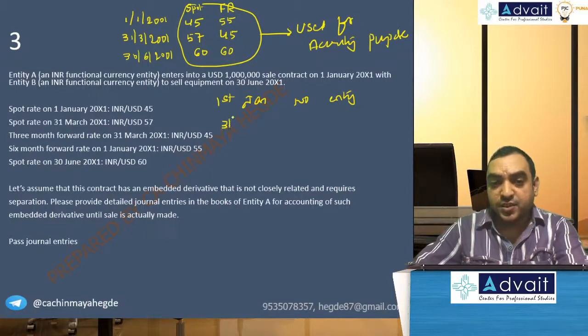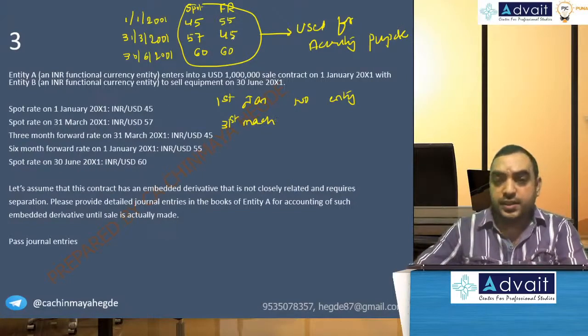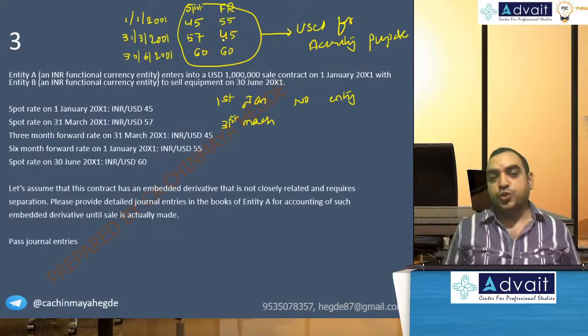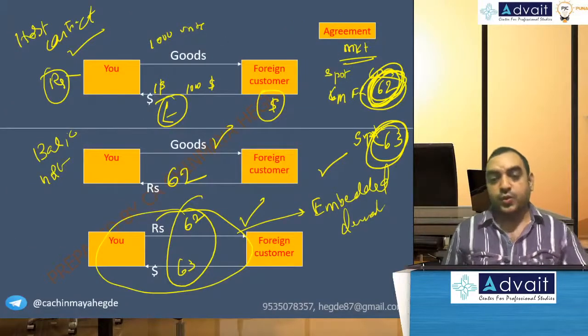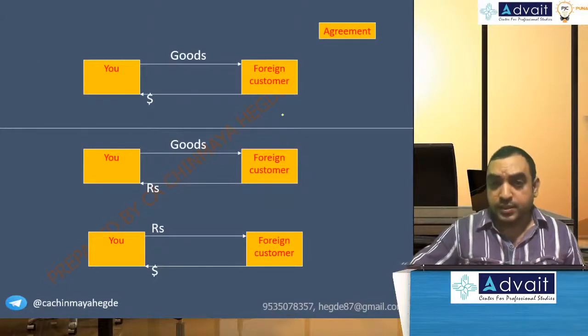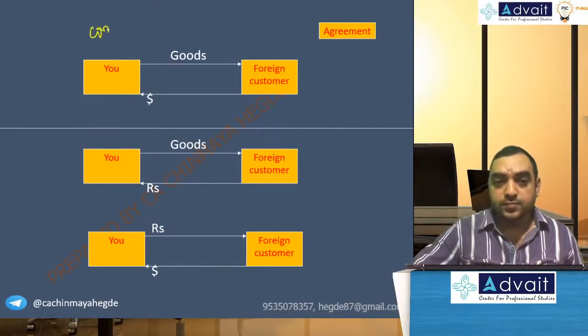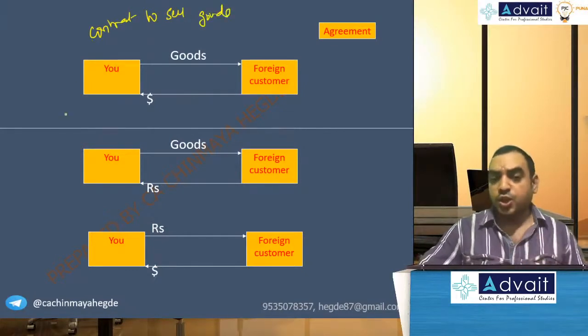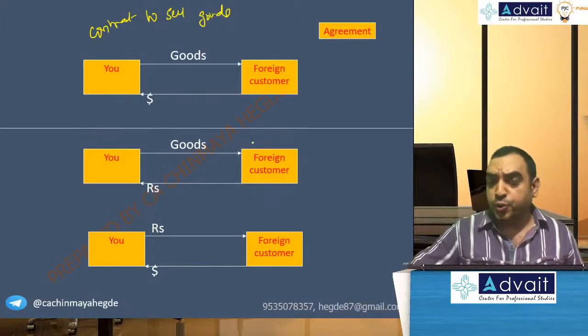Then on 31st of March, this derivative, now one thing has to be clear in this contract also. What is this forward contract? This is a contract to sell goods. This was the original contract, but I broke it down into two parts.